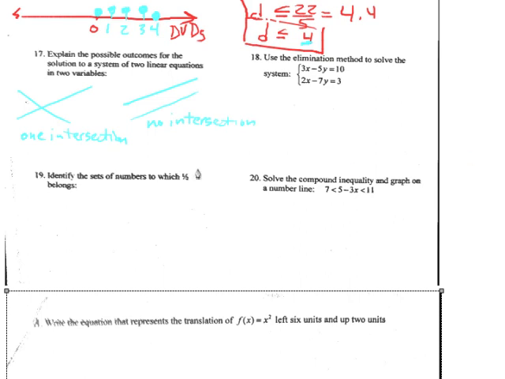Or, and this is another case, we could have 2 linear equations that happen to be the same line. So if they're the same line, where do 2 lines that are the same intersect? They intersect at every point along the line. So this is an infinite number of solutions. And let me give you an example of that real quick.